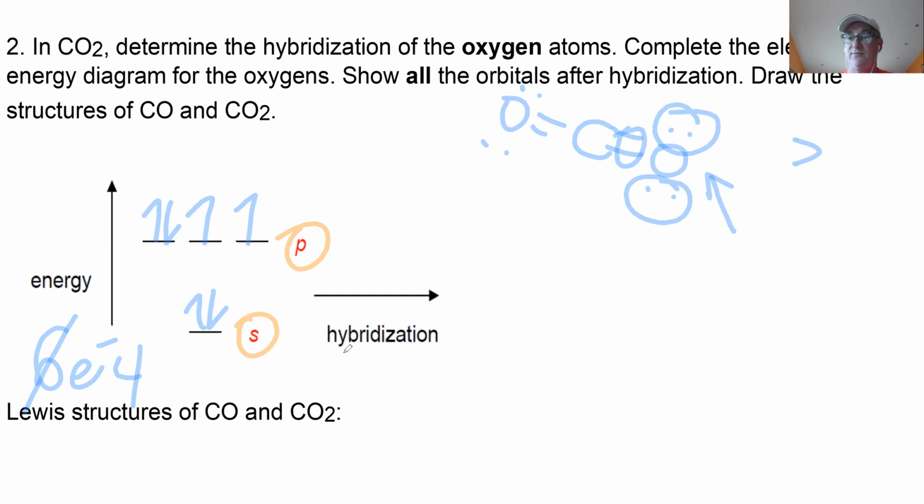So it has 3 regions. So if I have 3 regions of electron density, what hybridization do I need to do that?